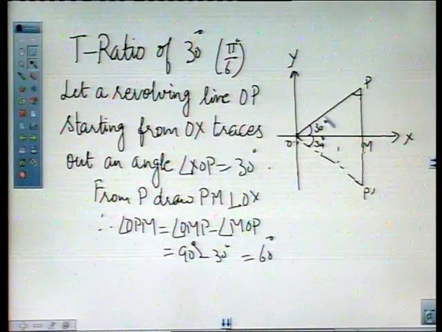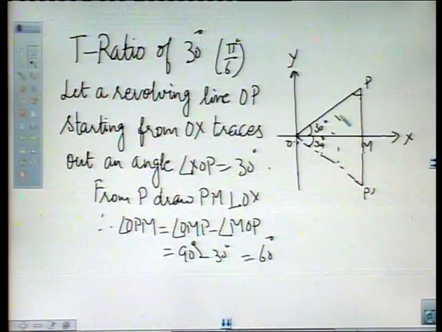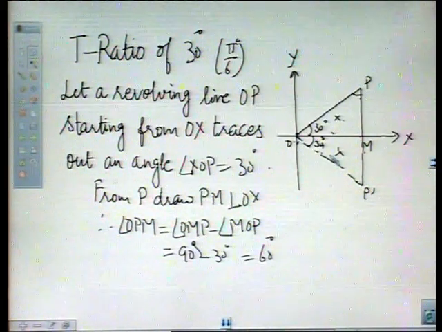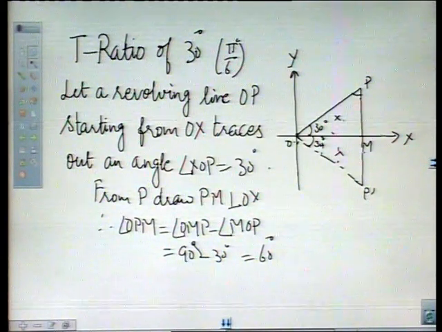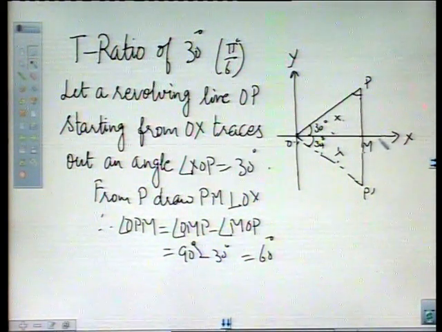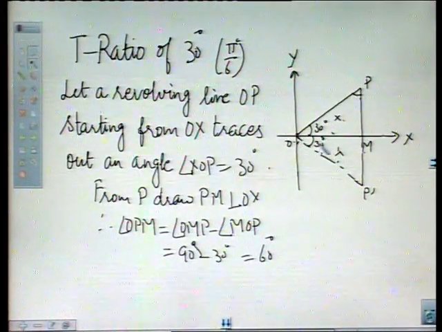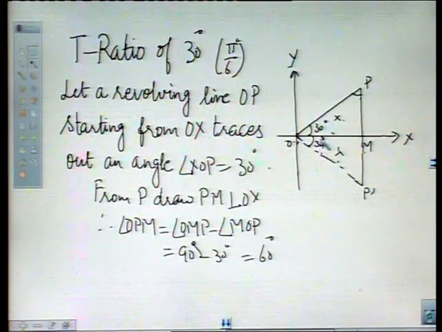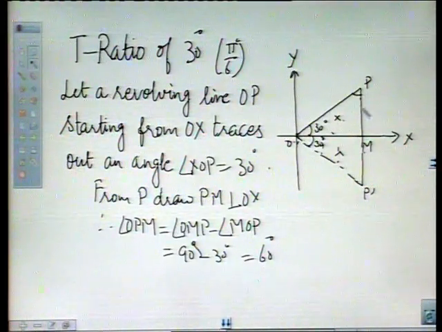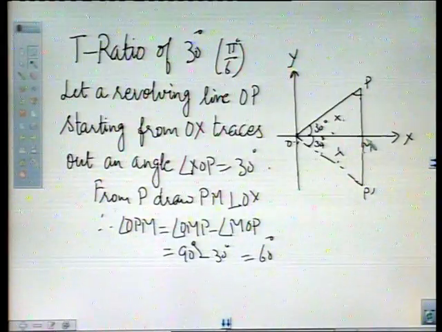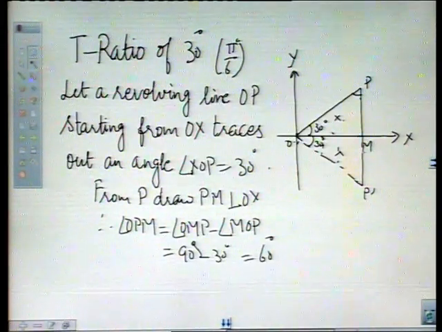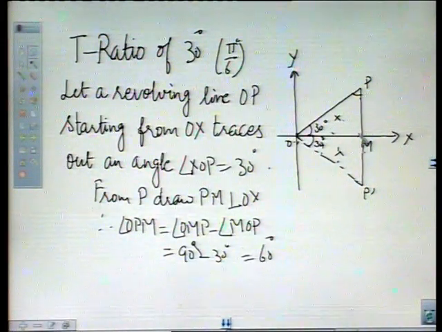They are congruent because angle MOP and angle MOP dash are both equal to 30 degrees. Then angles OMP and OMP dash are both equal to 90 degrees. And third, we have the common side OM.